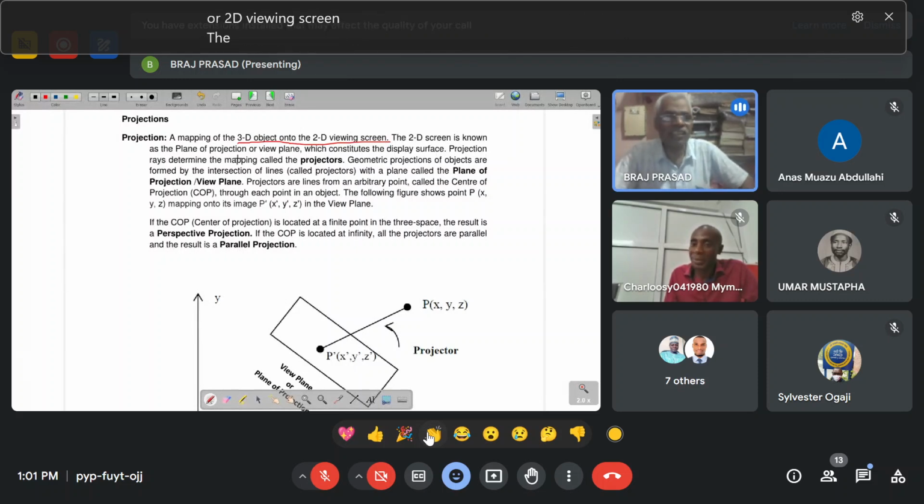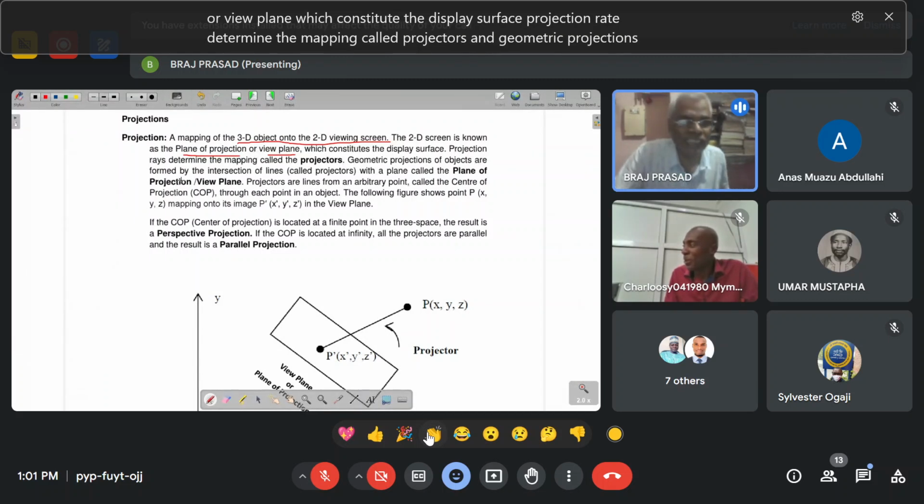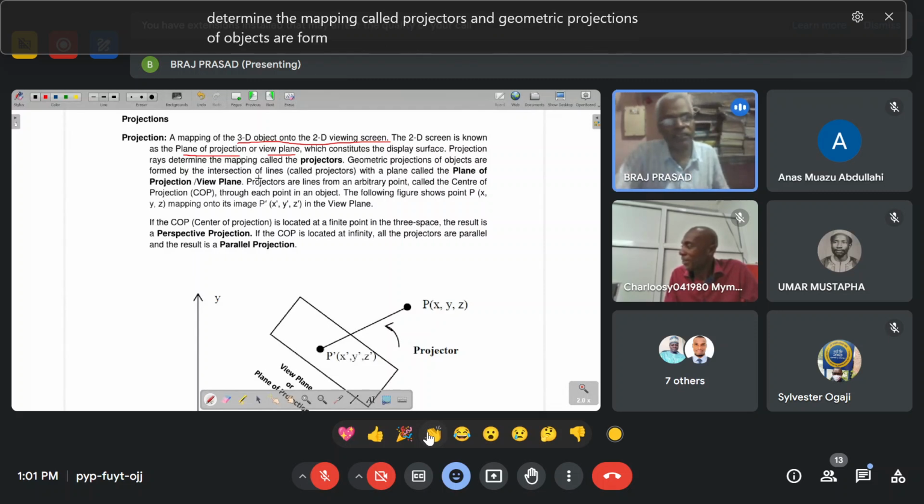The 2D screen is known as the plane of projection or view plane, which constitutes the display surface. Projection rays determine the mapping, called projectors, and geometric projections of objects are formed by the intersection of lines called projectors with a plane called the plane of projection.